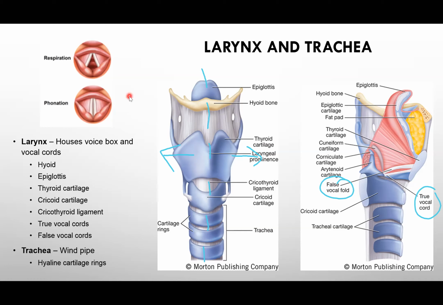So now looking at these two pictures up here on the top left, essentially you have taken a cut now this way, and you're looking from the top down into the throat for this picture over here.